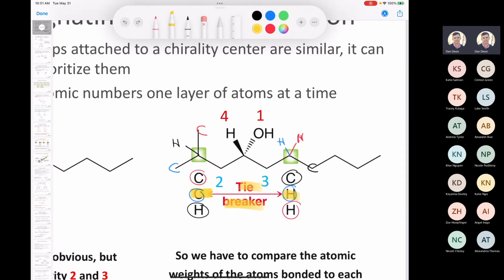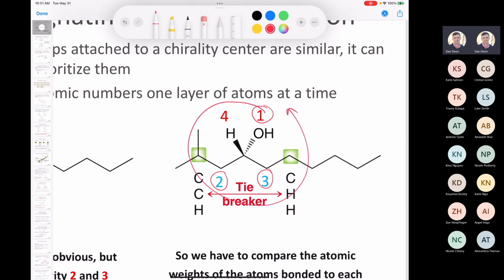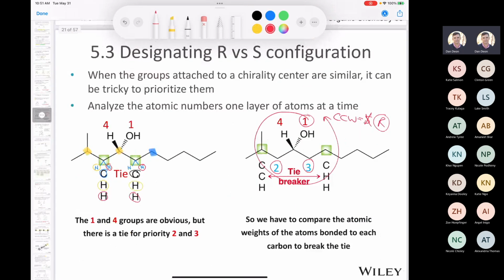And so if we want to designate the stereochemistry, let's just erase all this. We end up with this. We have 1, 2, 3. So we go from 1 to 2 to 3, which would be S because we're going counterclockwise. But remember, the hydrogen's coming out in front, so we reverse it, and it becomes R, and there we go. We have an R stereocenter.